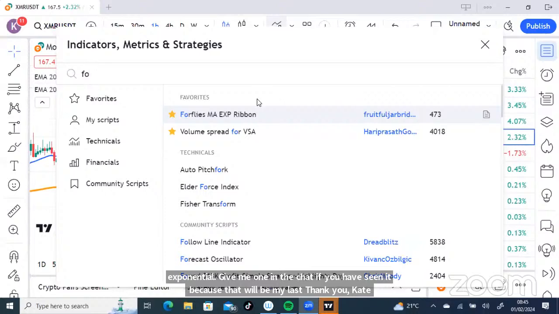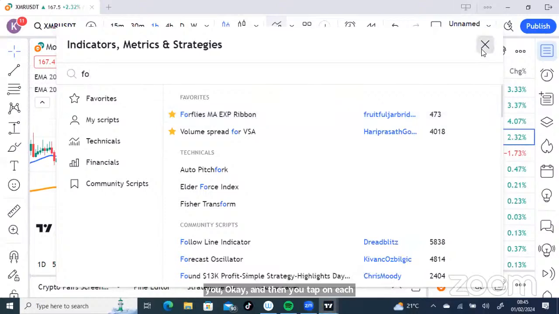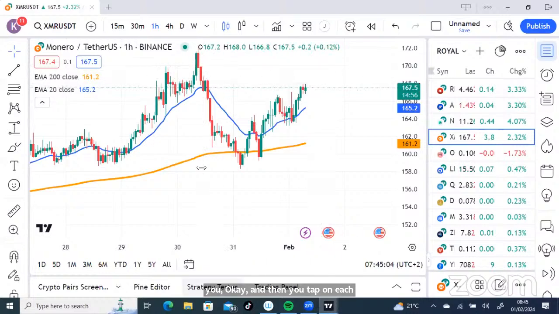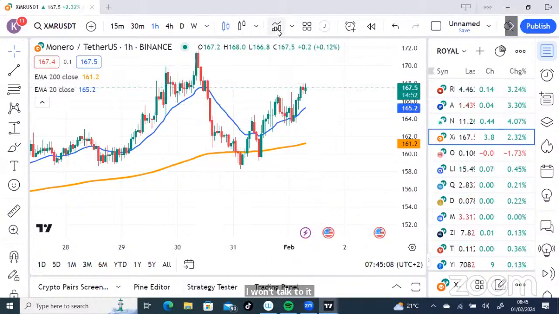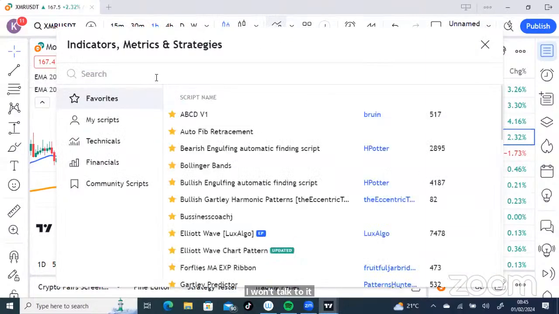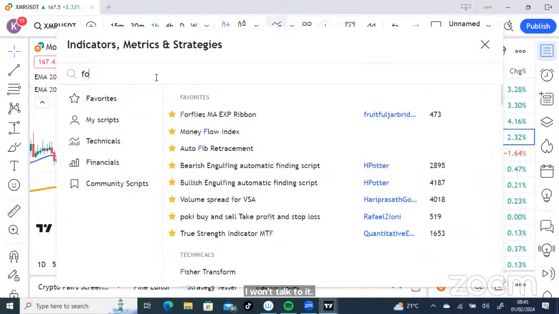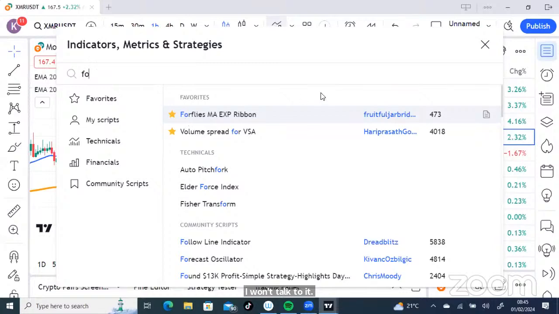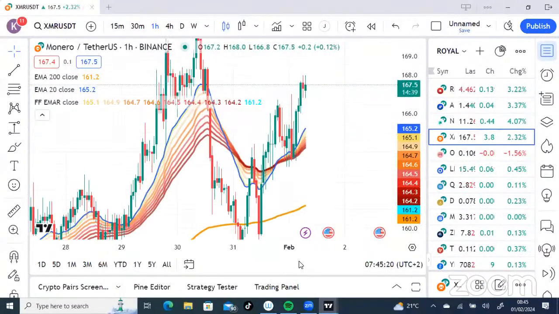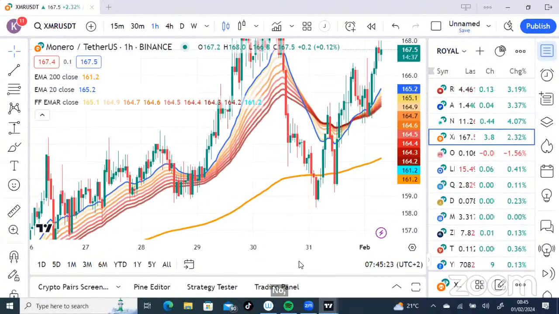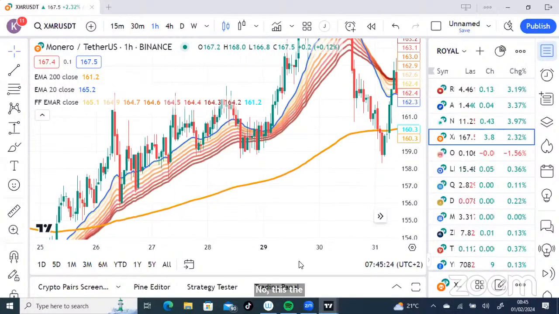Okay, and then you tap on it once. Now, this indicator, let me open it.